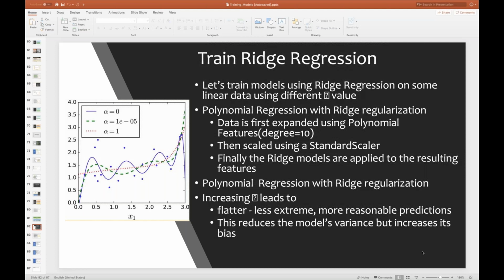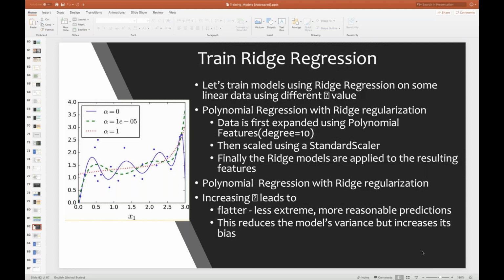Bias is all about underfitting the model. Variance is all about overfitting the model. Bias is when your model generalizes too much, and variance is when your model is too complex and constrained that it overfits. Now, you don't want bias and you don't want variance.